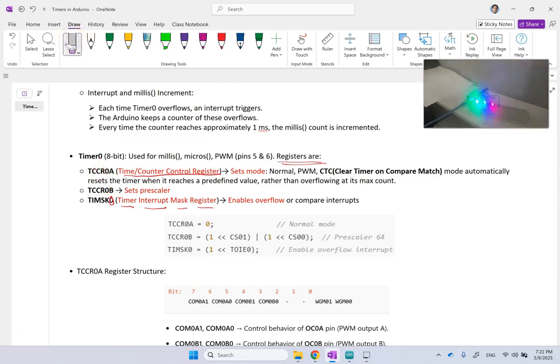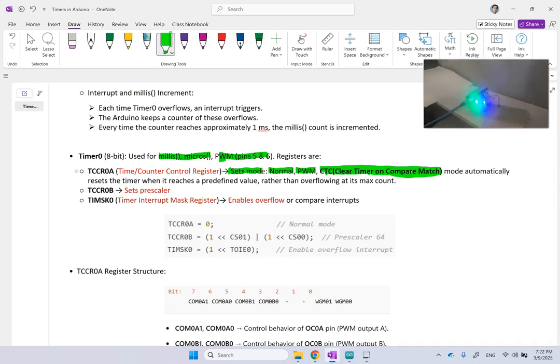Let's talk about that part. The 0A, the first one, controls the mode. So you can use this timer in normal mode, in PWM mode, and there is another mode called CTC. What is that? It means clear timer on compare match.